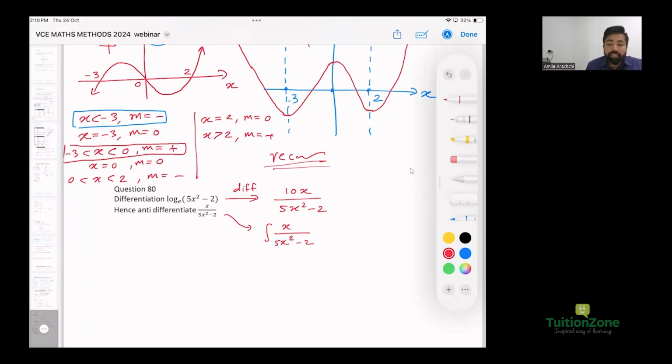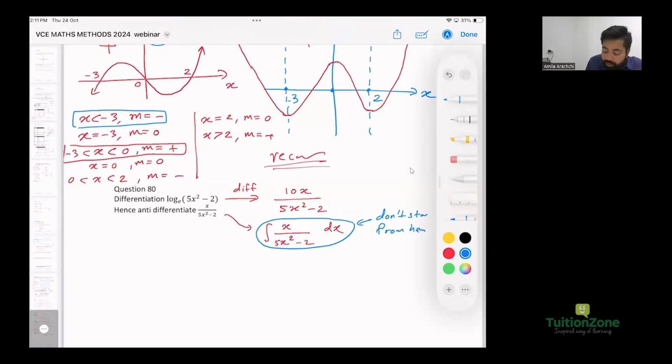What's our plan? As they're asking this one, do not start from this. I'm going to say, don't start from here. You had to start from the previous one.